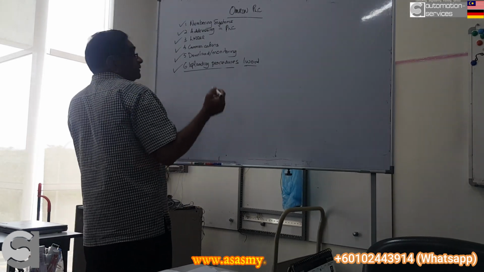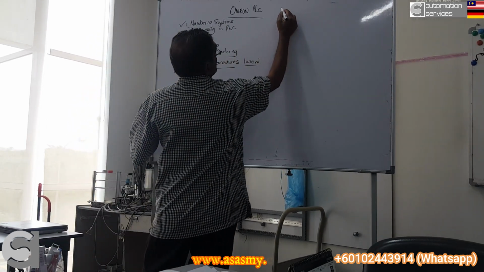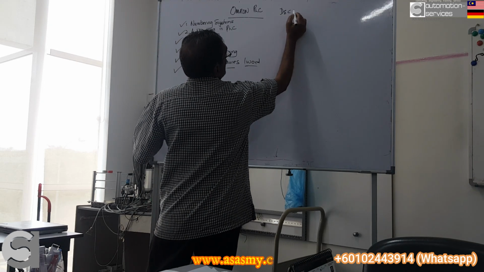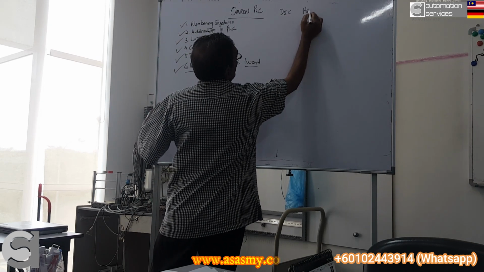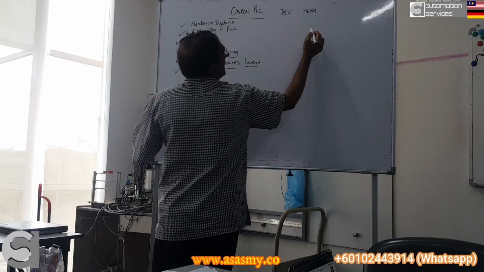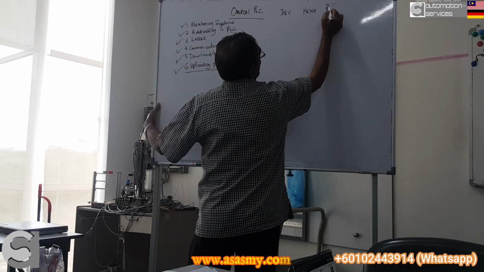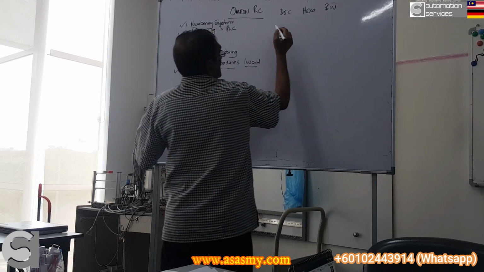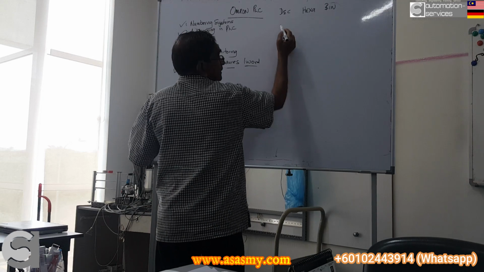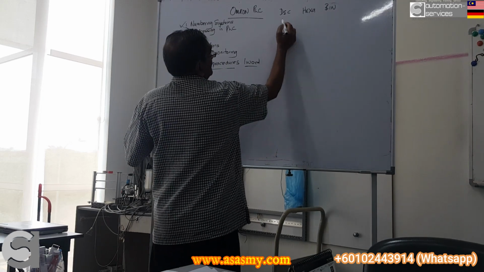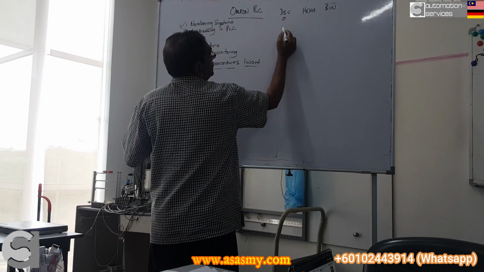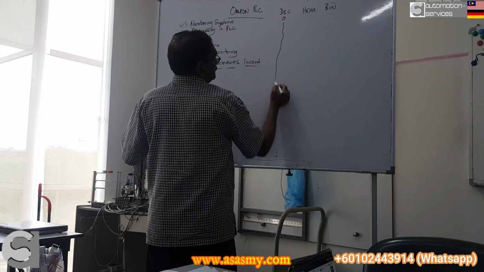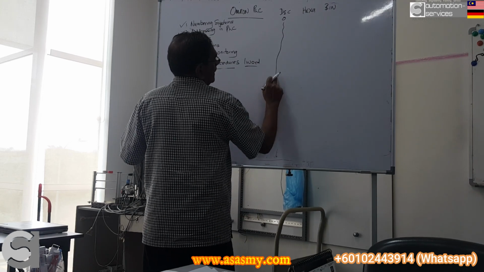As for numbering systems in computers, we have decimal, hexadecimal, and binary. In numbering systems, decimal is the numbers that we use every day. That is 0 to, I will finish off with 15.